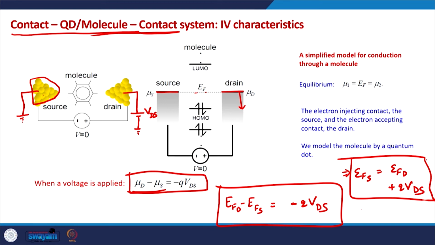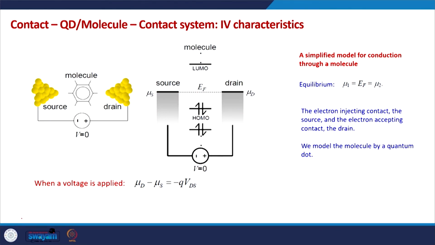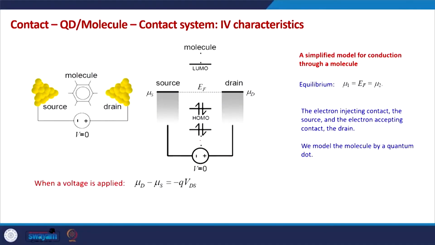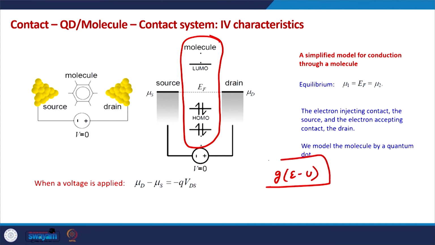There are two points that we need to understand, I would say. One is where is this voltage dropped? Second is how does this applied bias change the potential in the molecular system, in this quantum dot system. Okay? Because the density of states depends on the effective potential that is applied on a nanosystem.